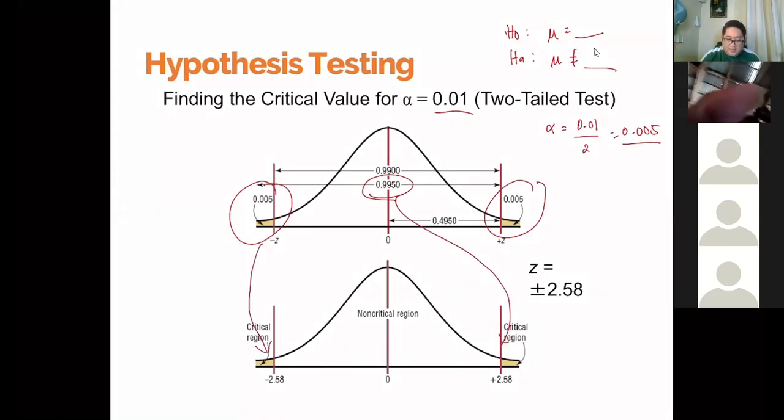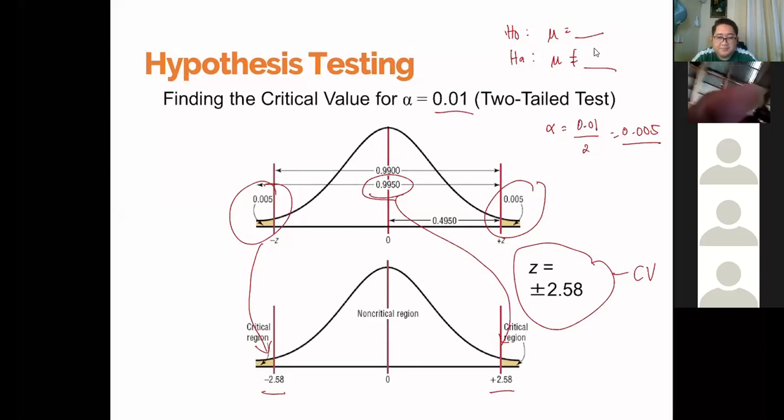Pag tinignan ulit natin yung table, pinakamalapit na value sa 0.005, makukuha nating value is negative 2.58. At kapag chinek natin yung 0.9950, makukuha nating value is 2.58 positive. So, ito yung critical values natin for a level of significance sa 0.01 na two-tailed test.